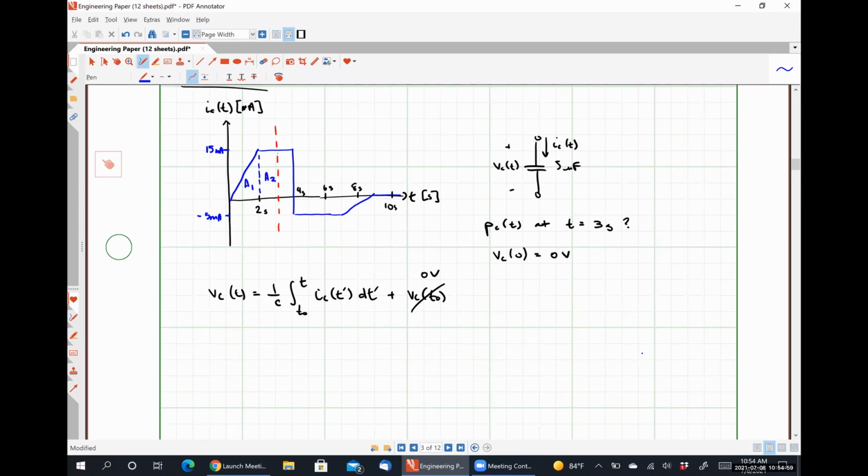So we could say then that VC of t is equal to 1/c multiplied by A1 plus A2, because A1 and A2 represent the integral over that time period from 0 seconds to 3 seconds, right? So that would be 1/5 microfarads.